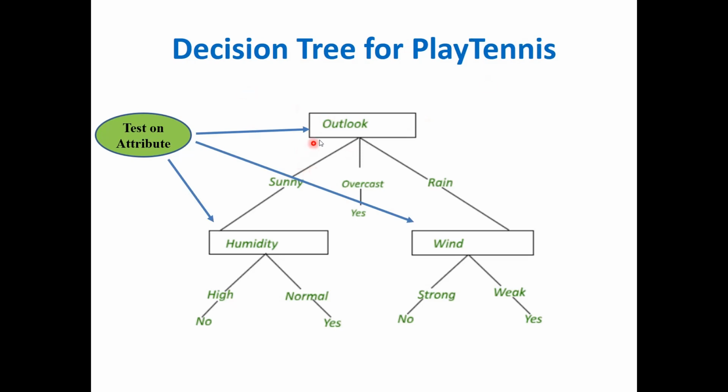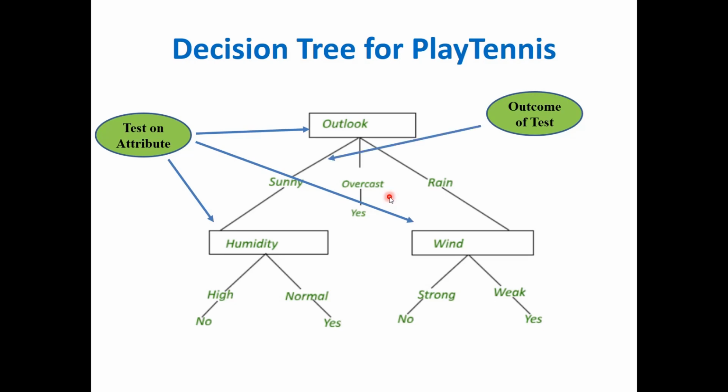So here, if we start from the outlook attribute, this is the parent node, and here we will perform a test, and based on the test, it can take any value out of sunny, overcast, and rain. Once we decide on the parent node, based on this test value, it can take any path.